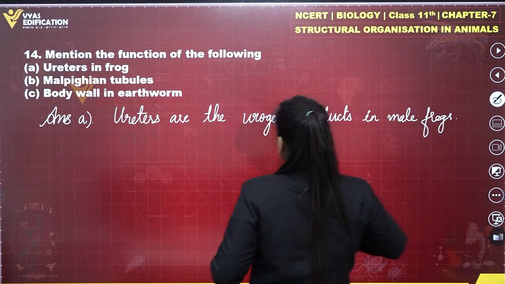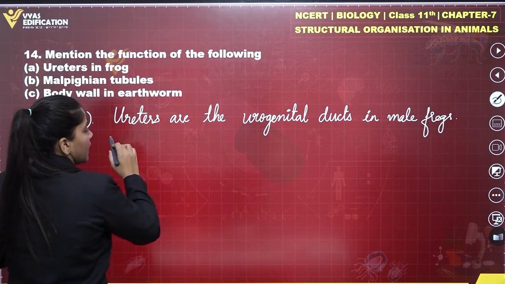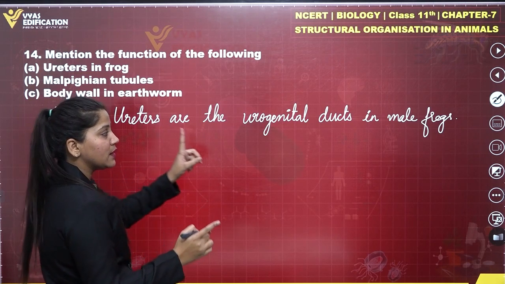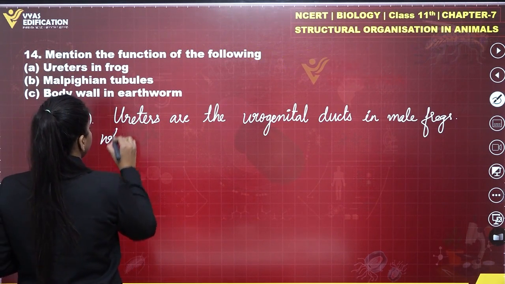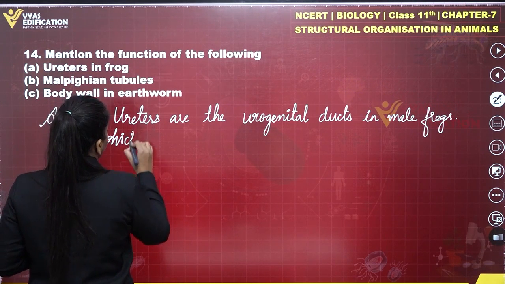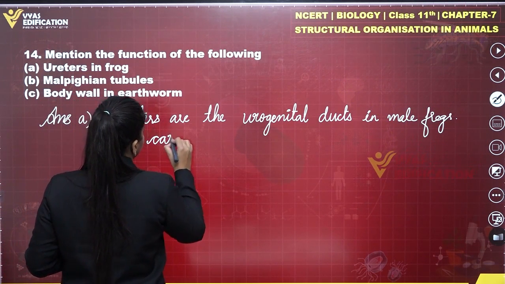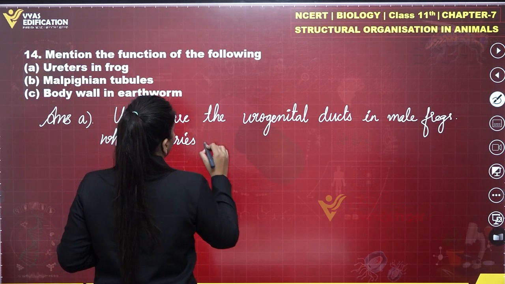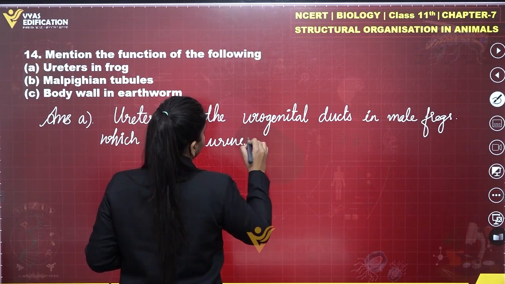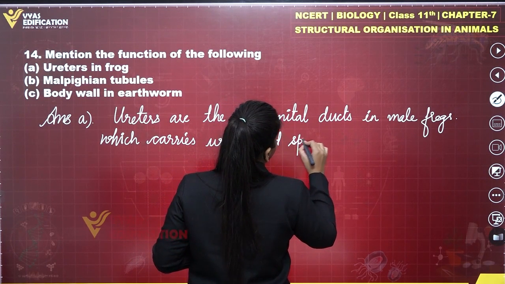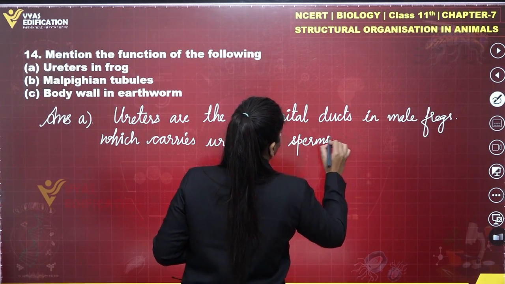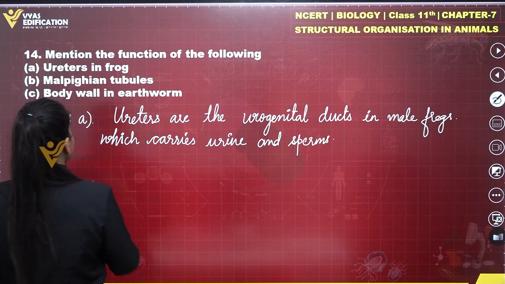Otherwise, they carry urine. In the male frogs, the ureter acts as a urogenital duct which carries urine and sperms. So this is the function of ureters in frog.